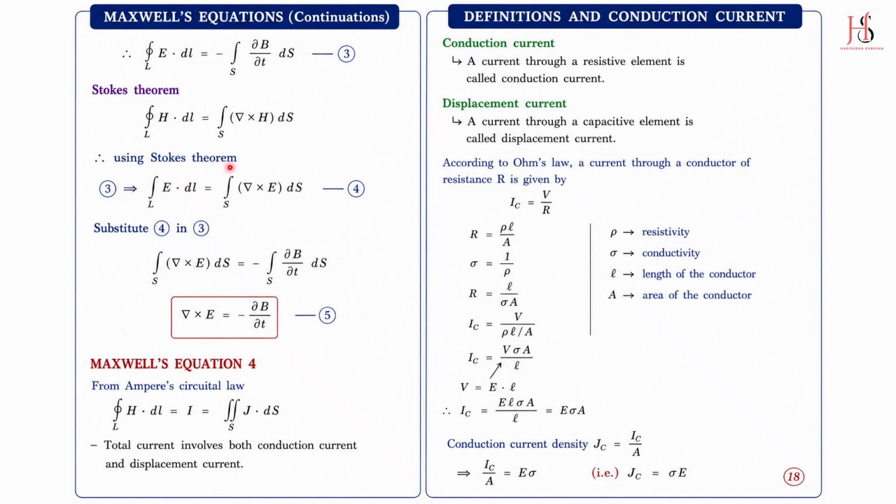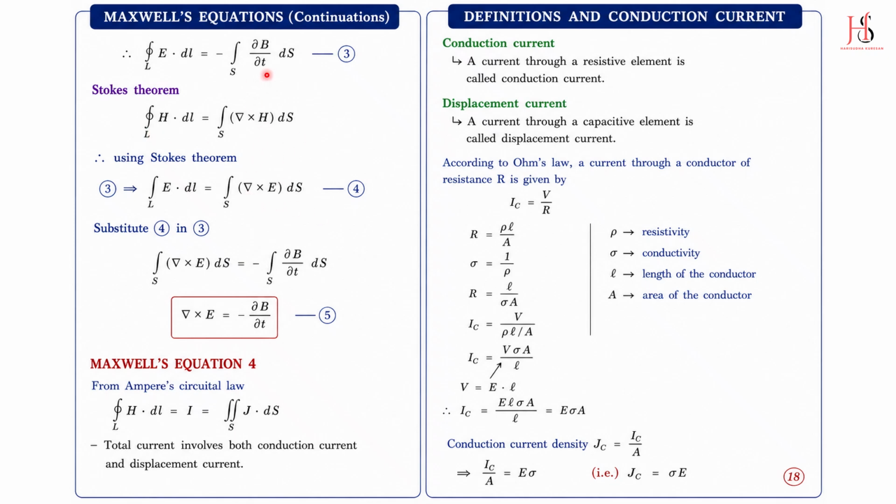Using Stokes theorem, we'll convert this equation. So the line integral of E dot dl can be written as the surface integral of del cross E into ds, replicating Stokes theorem.